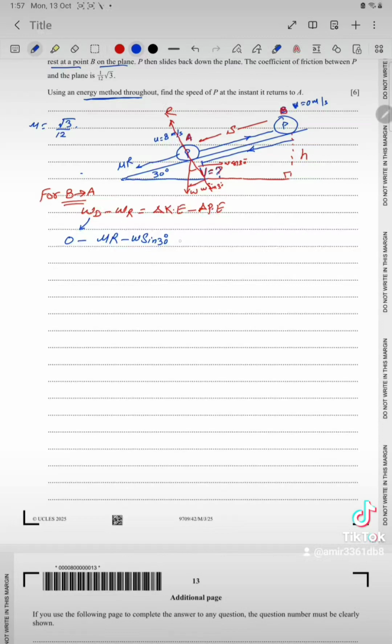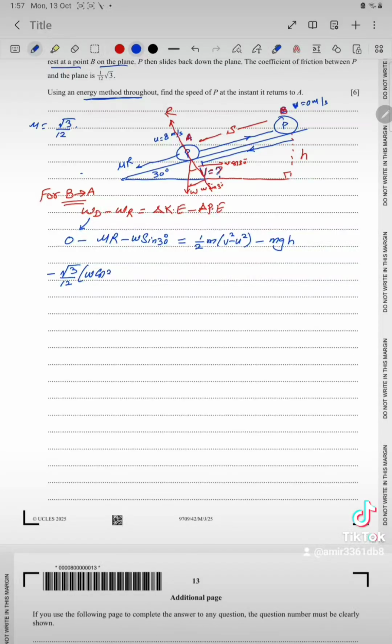So the work done at 30 degrees is equal to the change in kinetic energy, half m(v square minus u square), coming down, minus mgh. We have to calculate this. So let's substitute the values. Minus root 3 by 12, R is what?